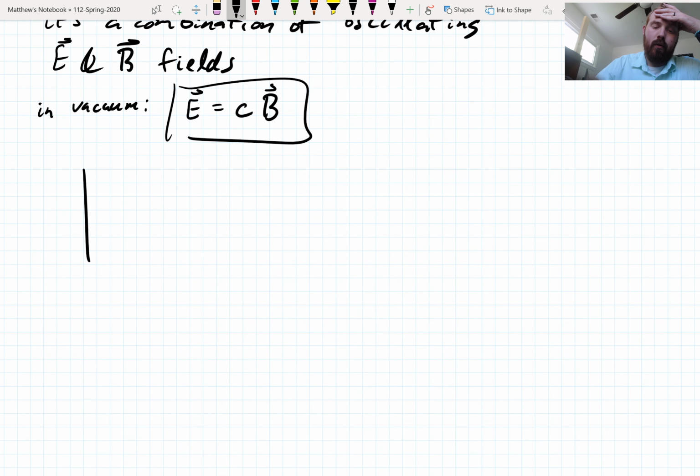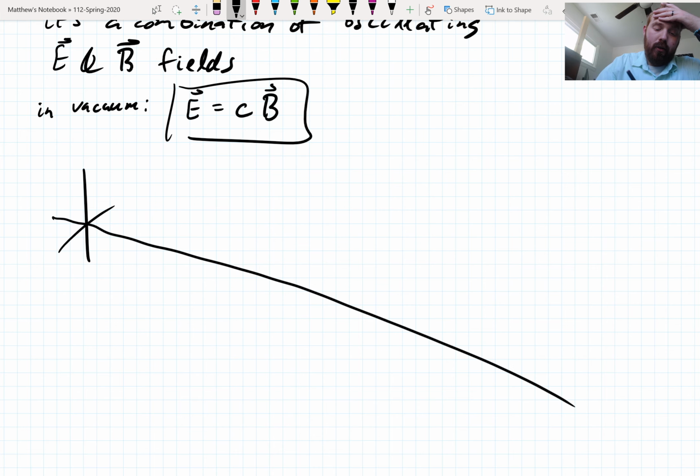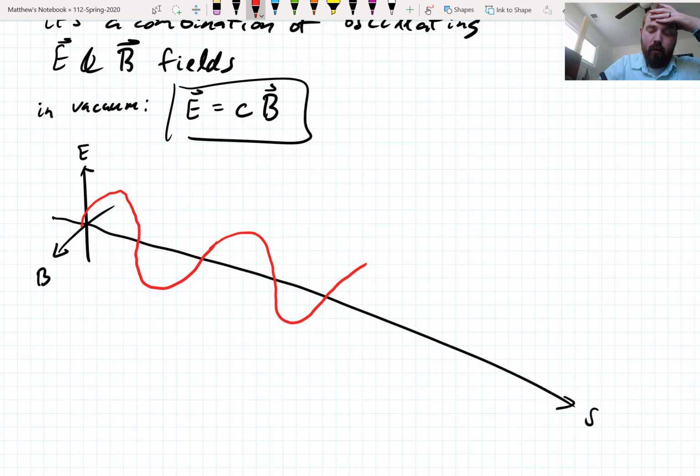A graphical way to represent this. We'll call this S. You'll understand why later on. Here's B, and here's E. And what's happening? The electric field changes. It oscillates sinusoidally. It'll increase, then decrease, increase, decrease, and so on and so forth.